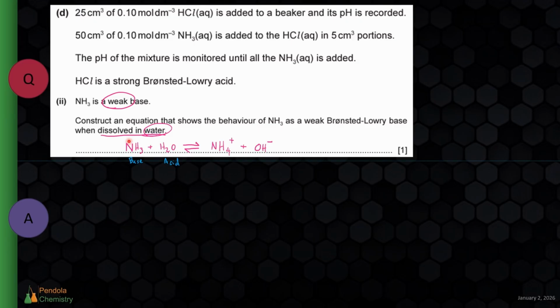So that's our construction. We get the reactants from the question, NH3 in water. From that, because they tell us that the NH3 is acting like a weak base, we know water is amphoteric. We should know that water is acting like an acid. Because it's weak, we know that it's an equilibrium arrow. If it was strong, it would be a complete arrow, but it's an equilibrium arrow because it's weak.